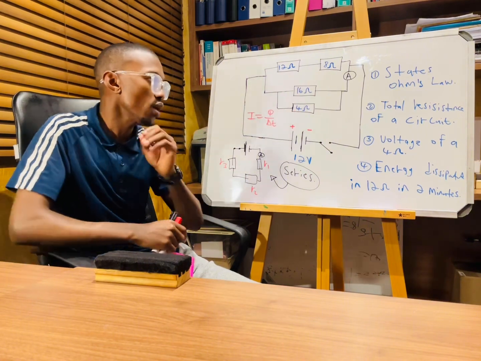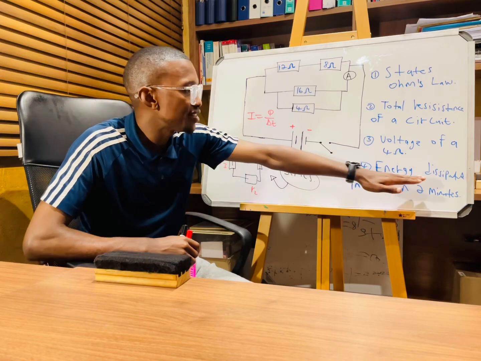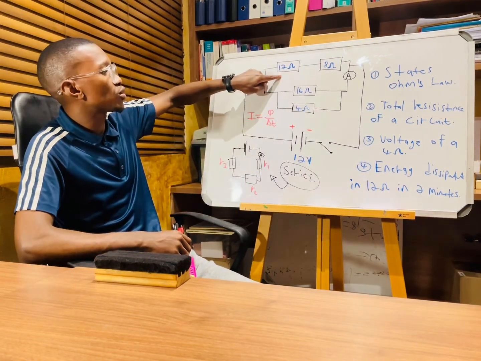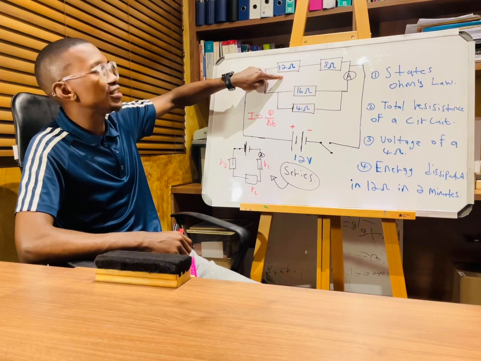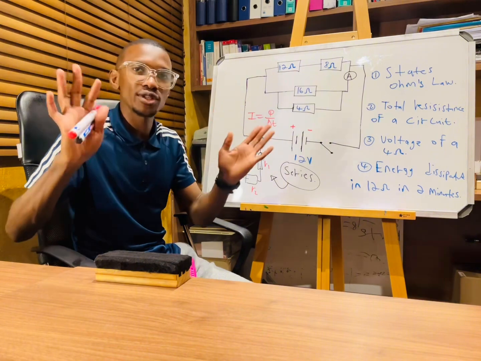And the last question asks for the energy dissipated in the 12 ohm resistor in 2 minutes. So they want you to calculate the energy in this 12 ohm resistor.